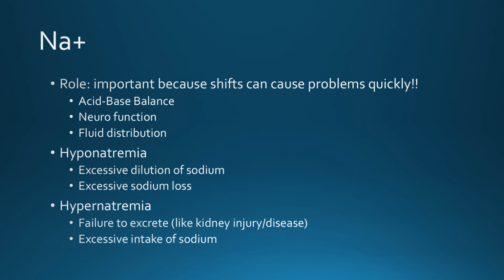Okay, so sodium, again, we're going to talk about this in class, but I think most people can think about this and it makes sense to us, right? Hyponatremia and hypernatremia. Hyponatremia is usually either excessive dilution of sodium, and we see that quite a bit in people, especially if there are certain underlying conditions. But you could also have excessive sodium loss, like a burn or something like that, where there are huge amounts of fluid loss occurring through open skin.